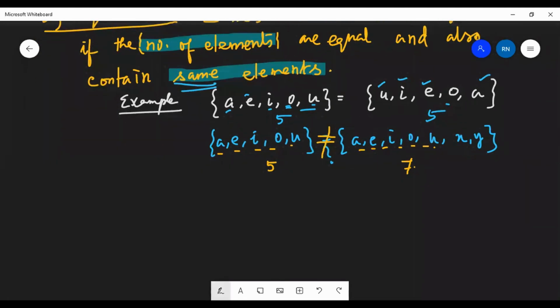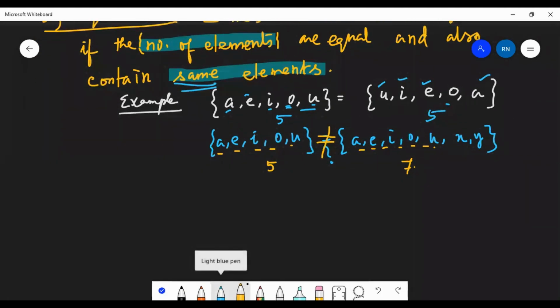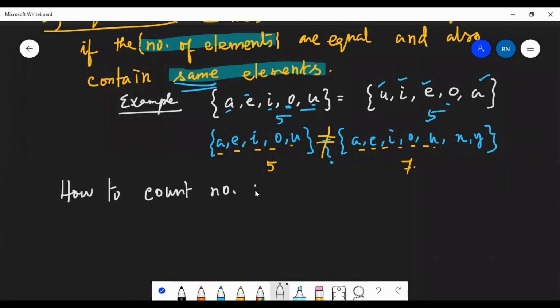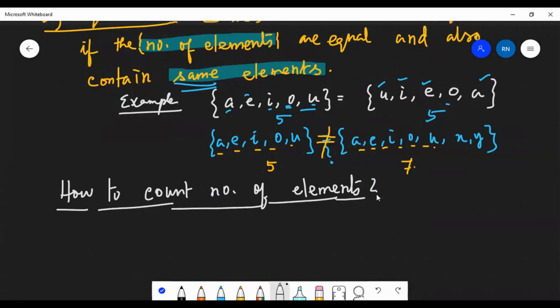And the last word I want to have is how to count the number of elements in a set. You may be wondering, sir, why you have to learn how to count. Yeah, we know how to count starting from 1, 2, 3.